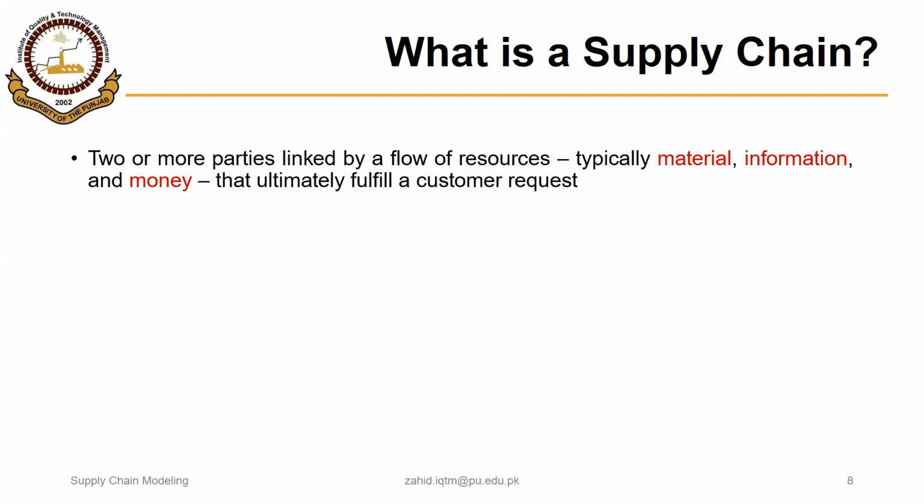So supply chain is about 3 flows: flow of material, information, and money. And there are at least 2 parties involved. There can be, of course, more than 2, but at least 2 parties that are linked by a flow of material, information, and money. And the ultimate goal is to satisfy customer demand or customer request.